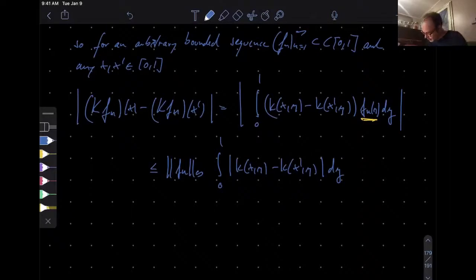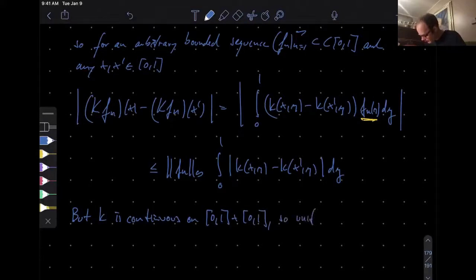All right, but now, how do I control that last piece? Well, this is because I have uniform continuity, since k, the kernel, is continuous on [0,1] cross [0,1], so uniformly continuous.